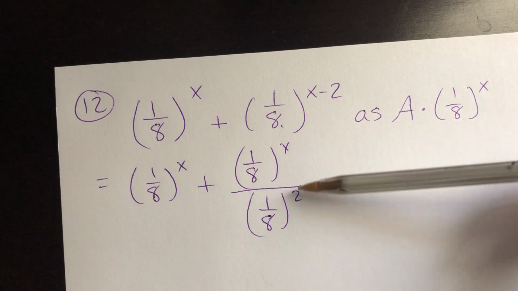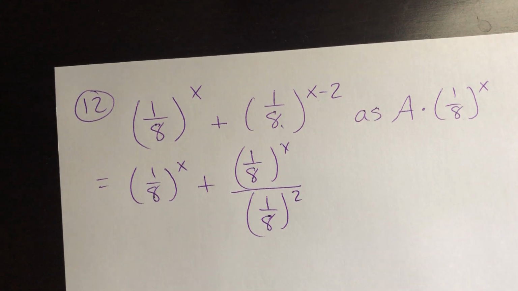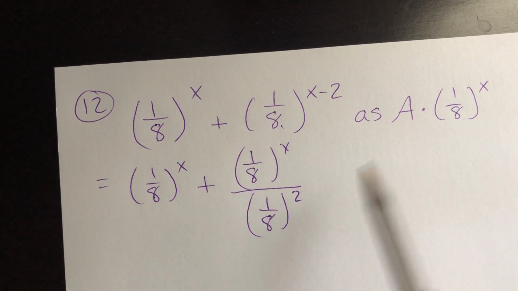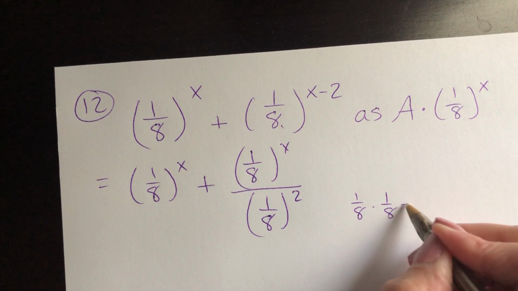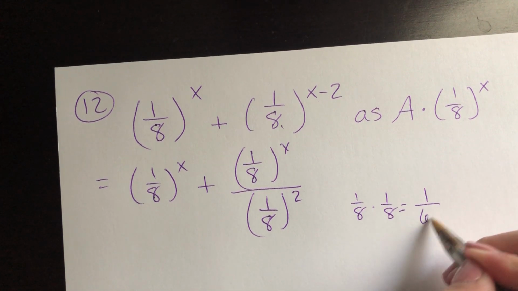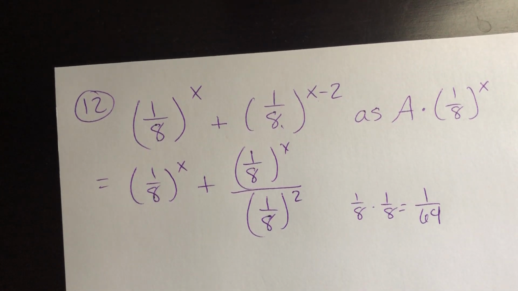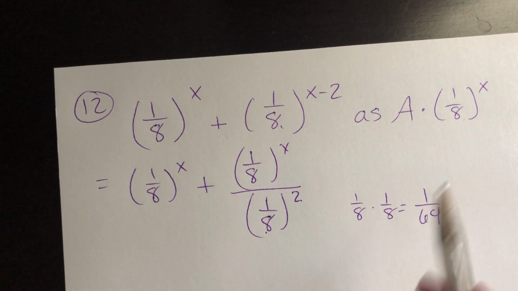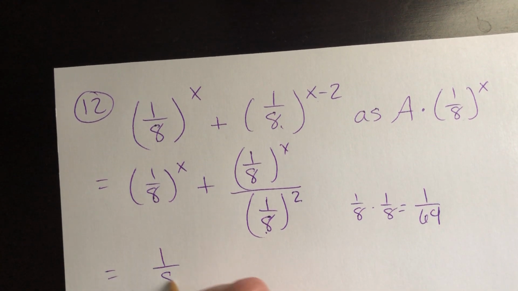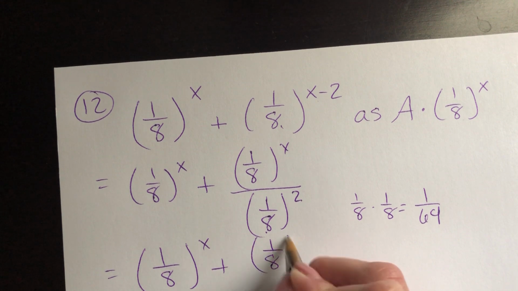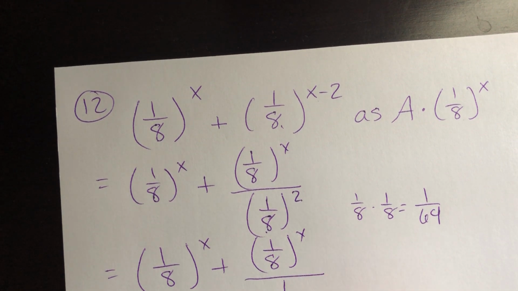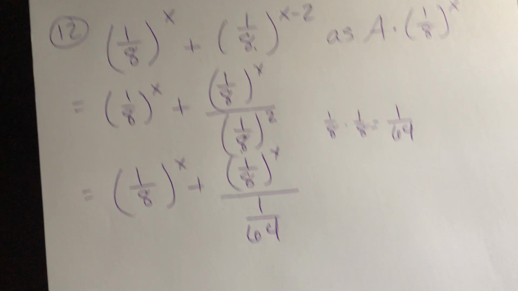Took the subtraction, changed it to division. And then I can simplify this 1/8 squared. That's 1/8 times 1/8, which is 1 over 64. So I'm going to change this 1/8 squared to 1 over 64. Rewrite everything else.